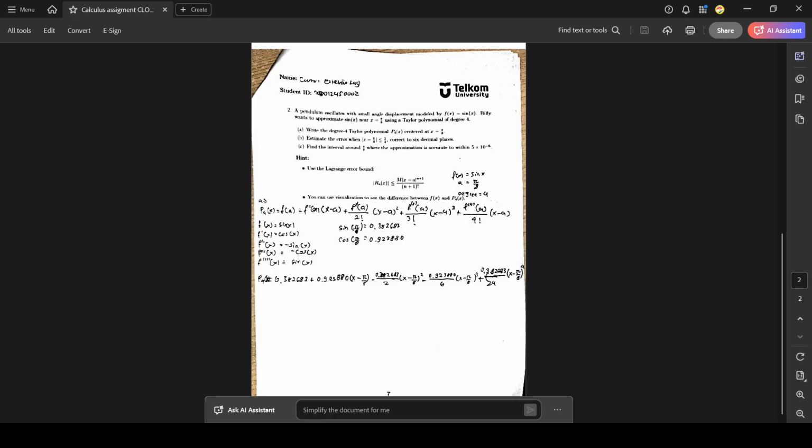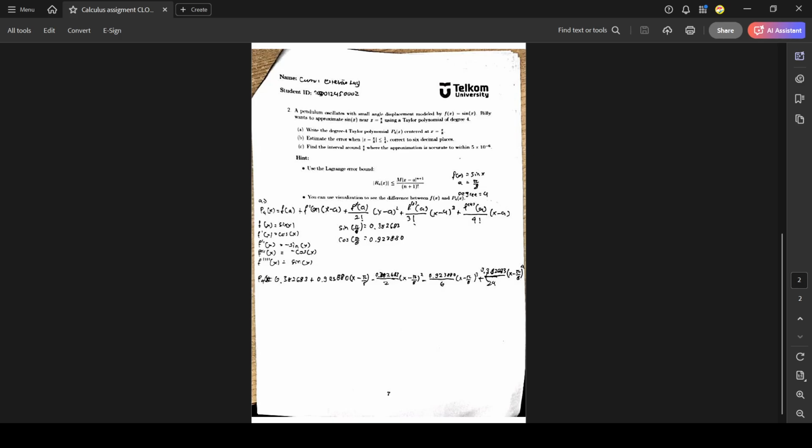Write the degree 4 Taylor polynomial P for x centered at x equal pi over 8. So first, we know that f(x) is equal to sine x, a is equal to pi over 8, and the degree is 4.